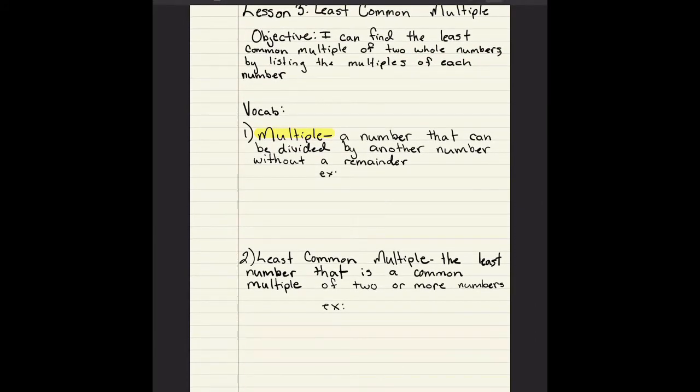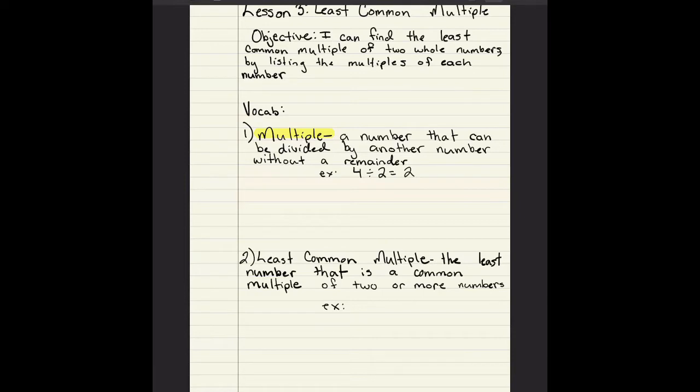All right, jumping into vocab, we have first a multiple. A multiple is a number that can be divided by another number without a remainder. For example, 4 divided by 2 equals what? 2.